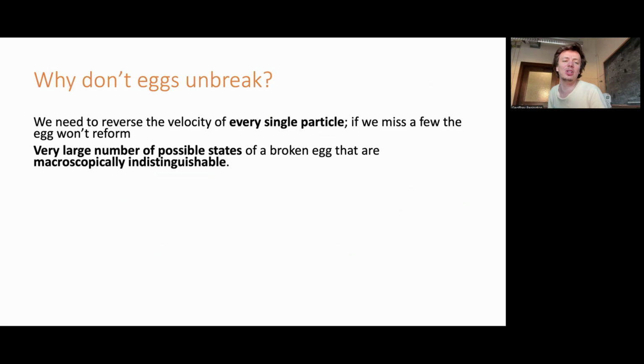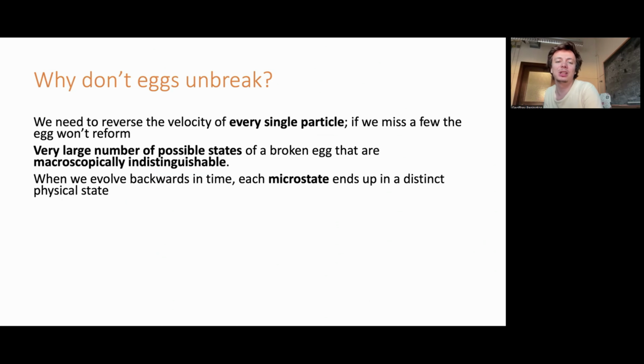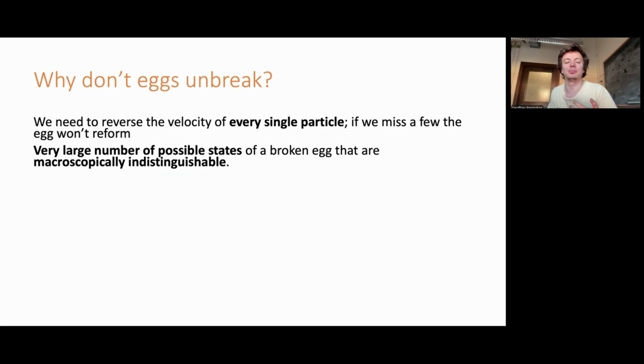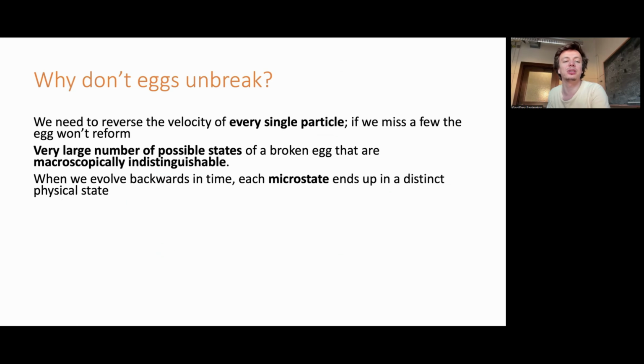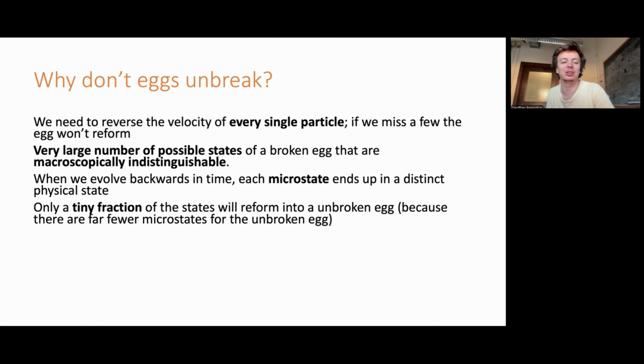Essentially, this is the statement that there are far more states that look like a broken egg, macroscopically indistinguishable from the true one that formed, than there are states of an unbroken egg. And when we evolve backwards in time, each of those macroscopically individual states has to come from a different initial condition.